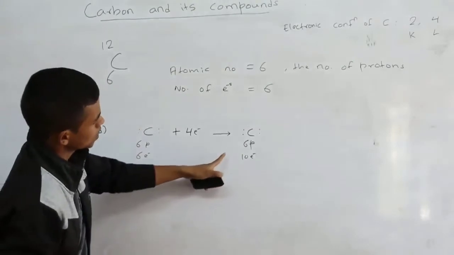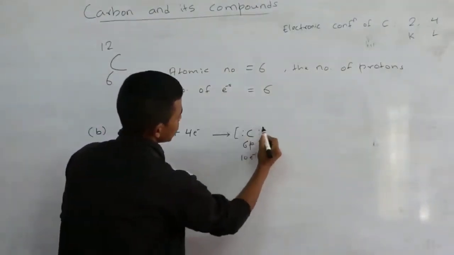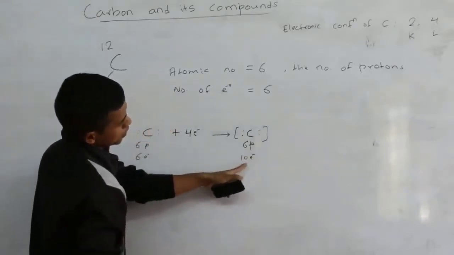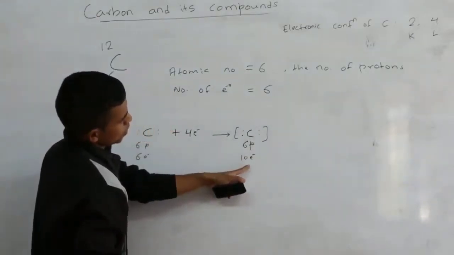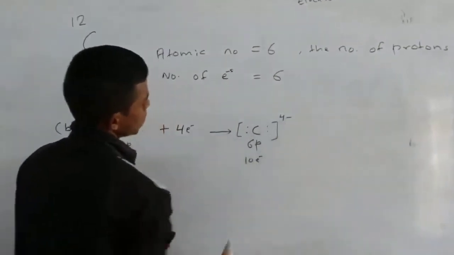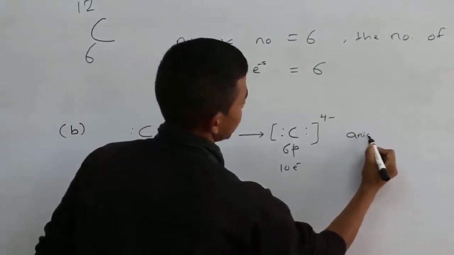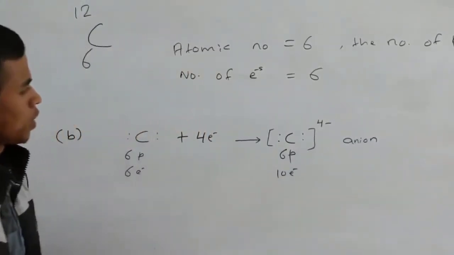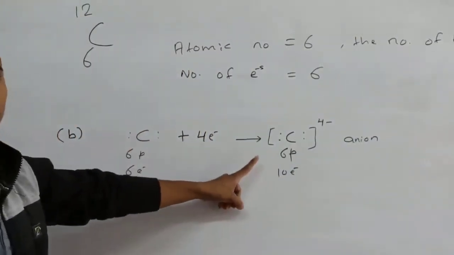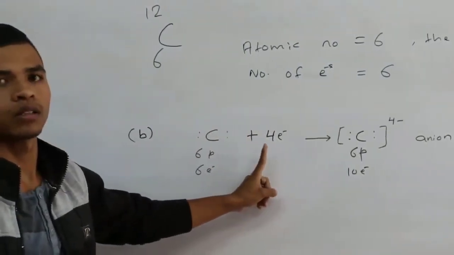So in this case, the carbon atom would have excess negative charge, so it will be 4 minus. So this will be an anion. So is this case possible for carbon to gain 4 electrons?